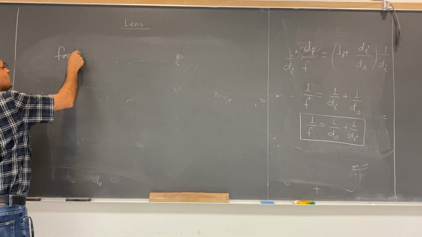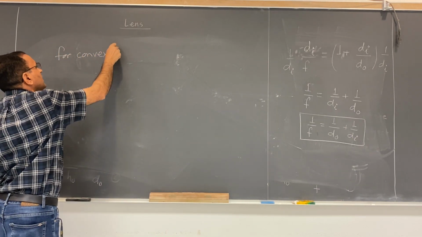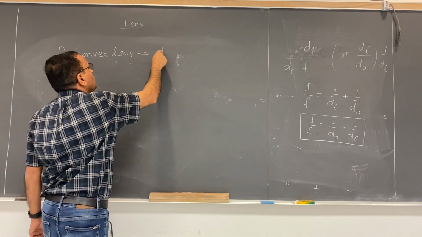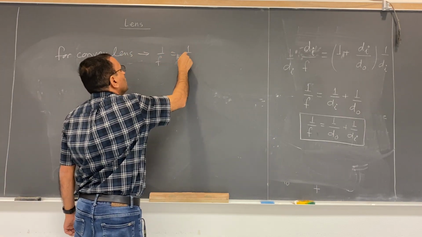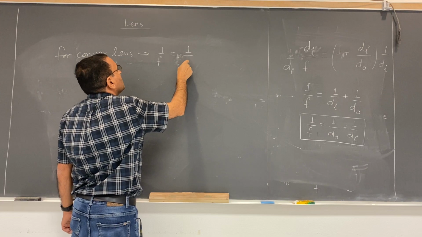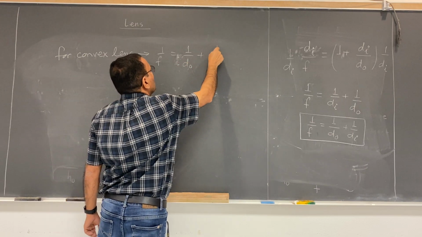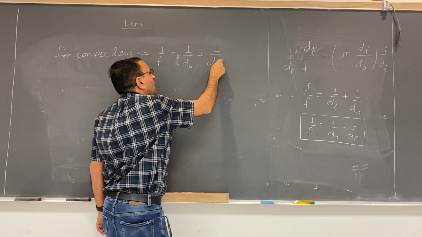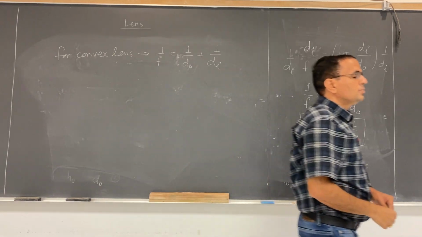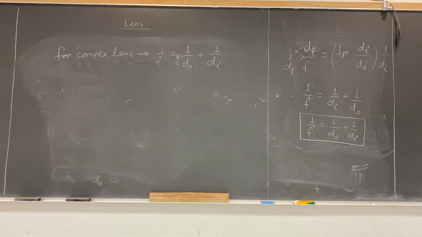For the convex lens, you have 1 over f equal to 1 over do plus 1 over di. I told you that the focal length of the convex lens is positive and the focal length of the concave lens is negative.